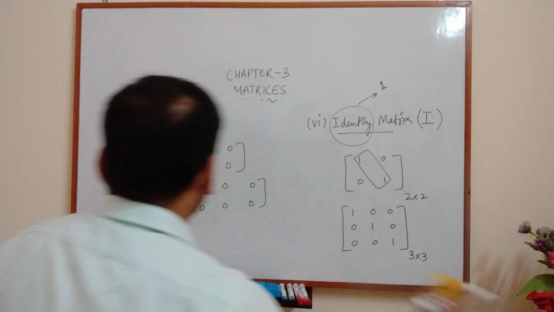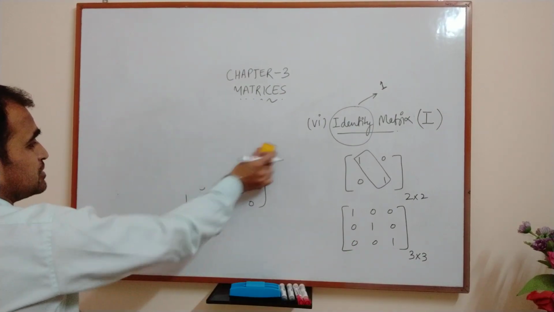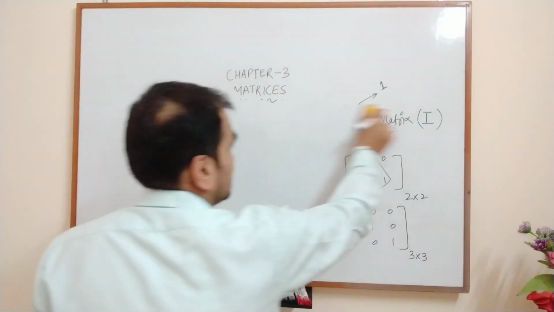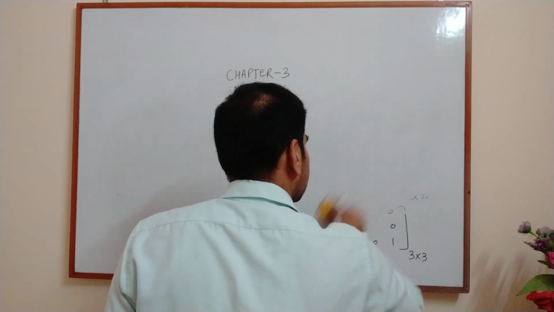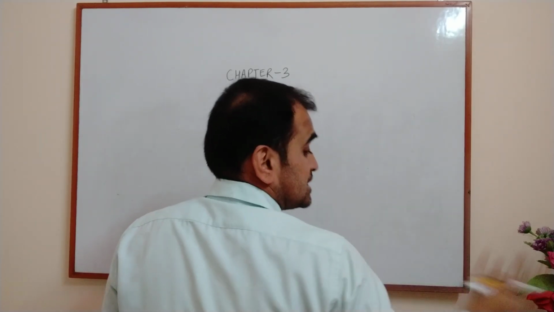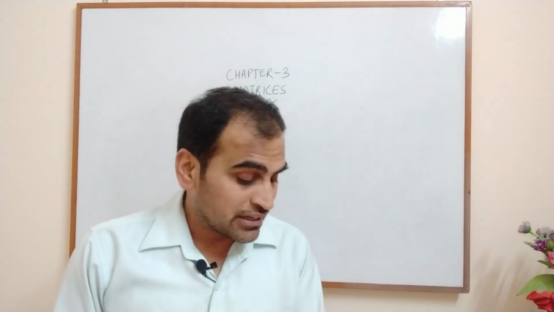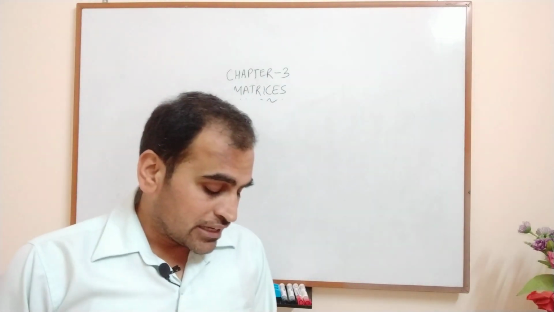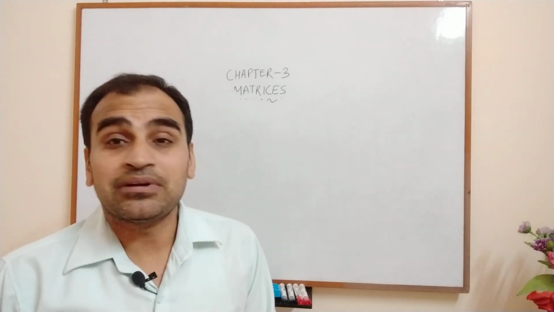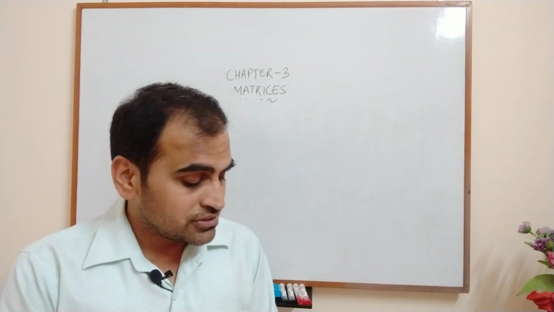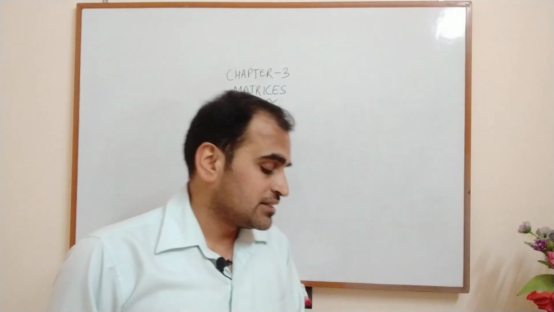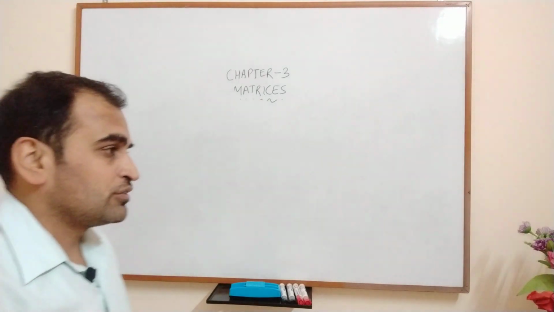So this is about the types of matrices. If you simply revise it, the first type of matrix is a column matrix having only one column. The second type of matrix is a row matrix having only a single row. There can be multiple columns. The third type of matrix is a square matrix having the same number of rows and columns. Then we have a diagonal matrix having only the diagonal elements, the rest of the elements are 0.